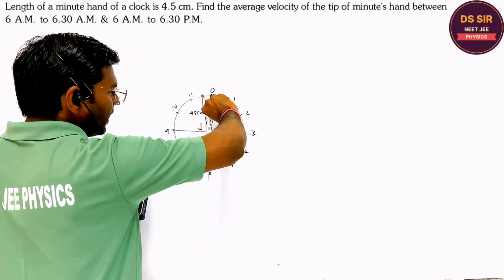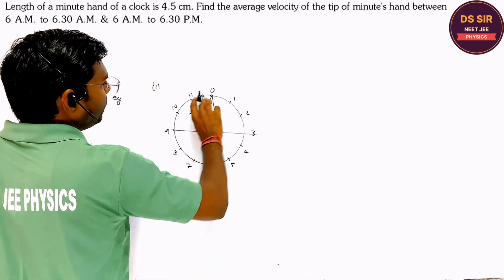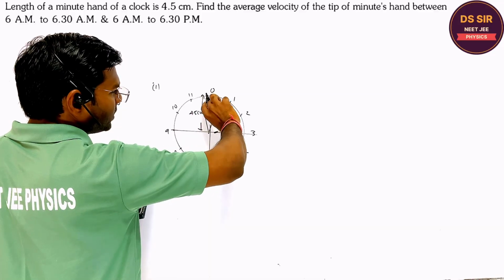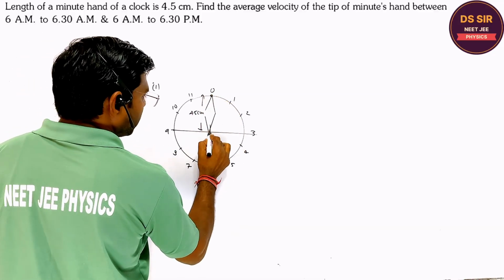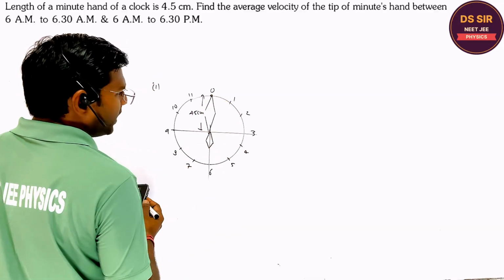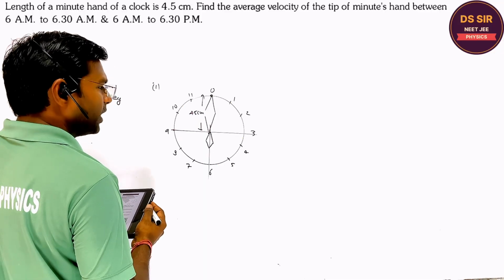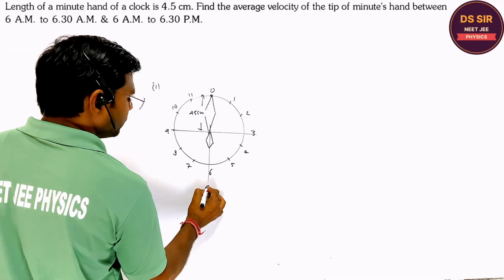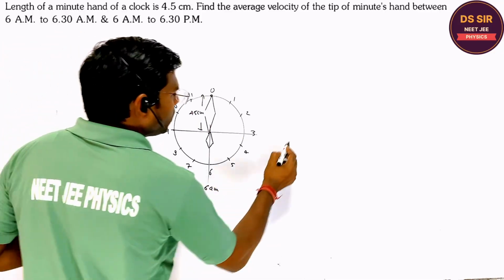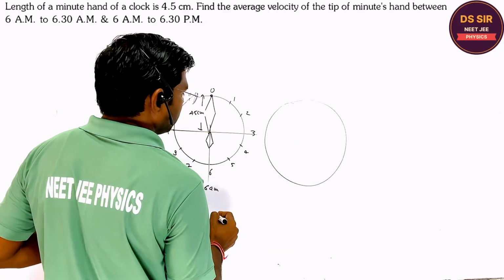So the minute hand, at 6 a.m. condition, the end will be at this point. Are you getting? This is the 6 a.m. And what about 6:30 a.m., you tell?